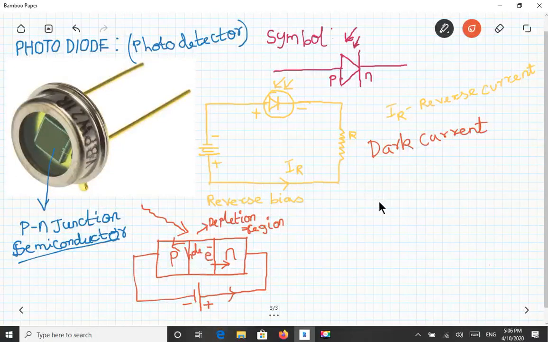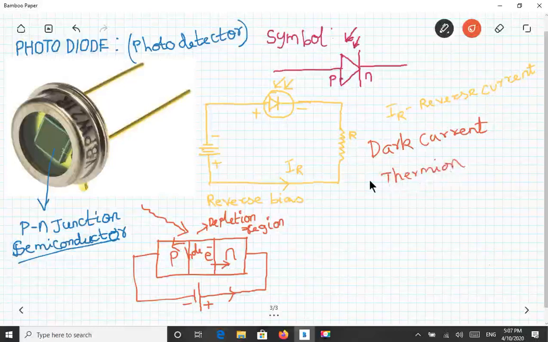We already saw three different kinds of sources of energy which create an emission. One is thermionic emission, the second is photoelectric emission, and the third is by the electric field, which is called the Schottky effect. In thermionic emission, the pair release is due to thermal energy.